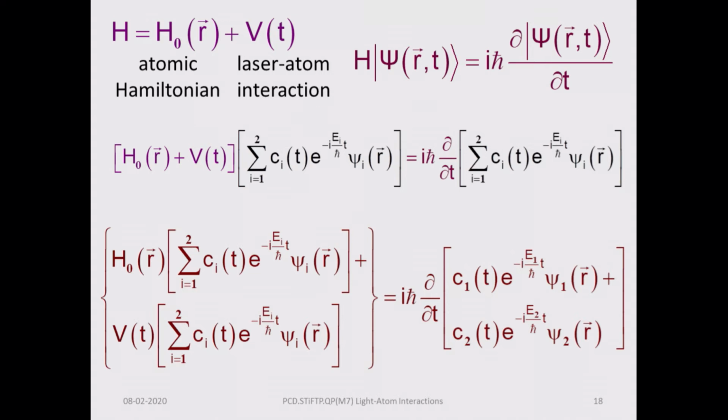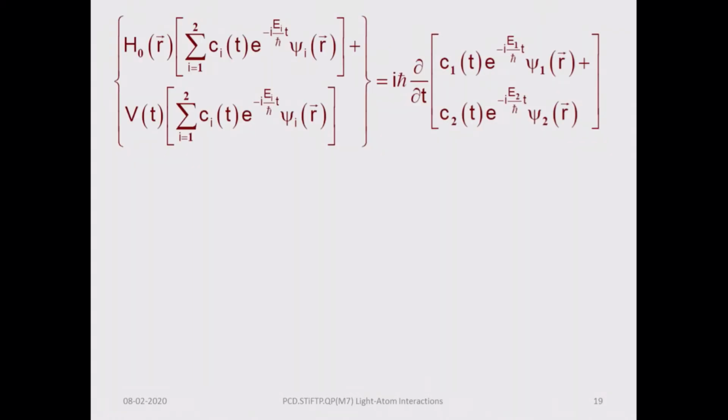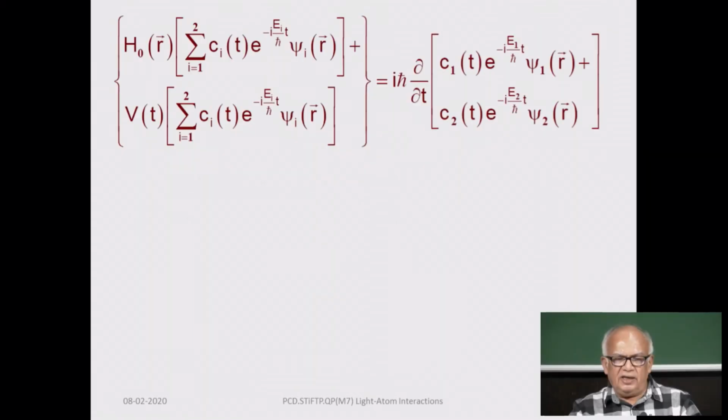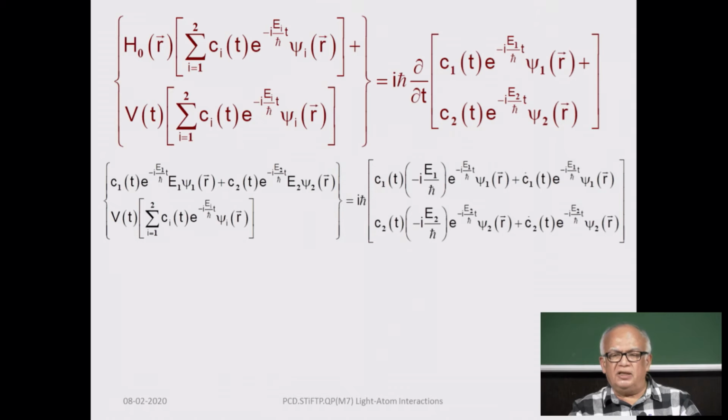So, you are taking the partial derivative with respect to time of a product of two functions. So, it will be one function times the derivative of the second plus the derivative of the first times the second. So, you have to take this into account carefully, take the derivatives of the two terms and now write them out carefully.